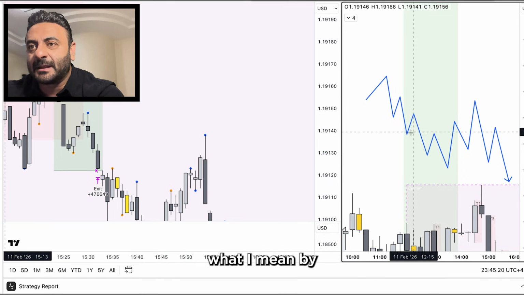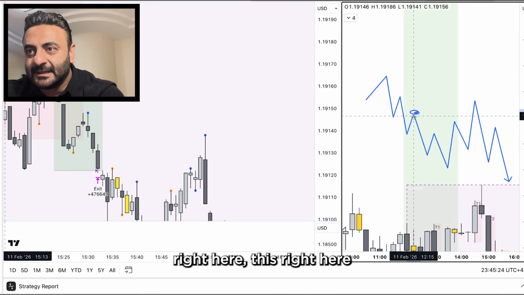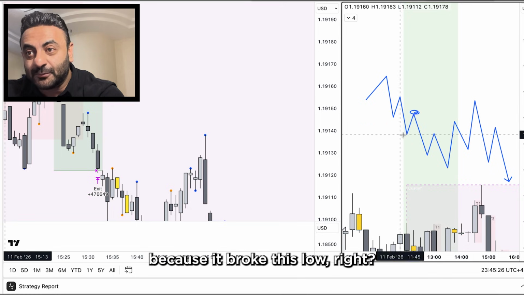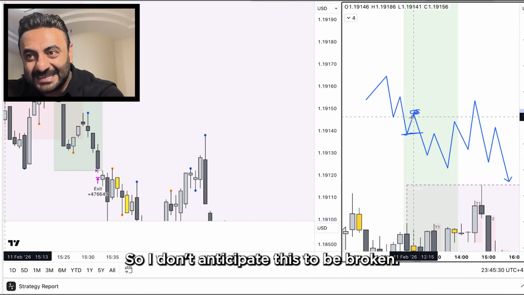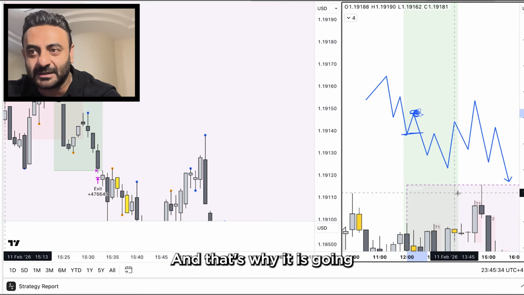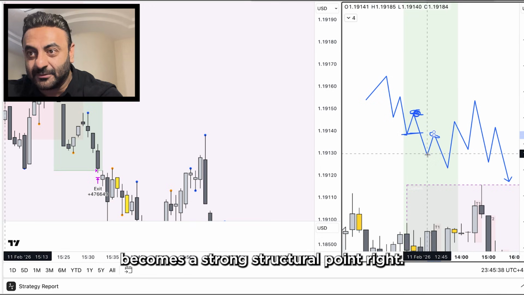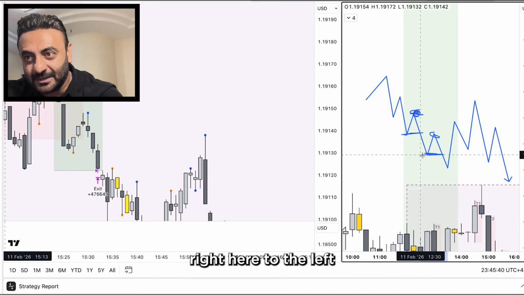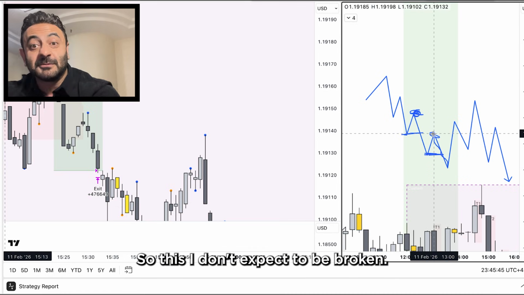For example, this point right here is a strong high because it broke this low, and it went down. So I don't anticipate this to be broken. This is a downward trend and that's where it is going. This again becomes a strong structural point because it broke this structure to the left and went through it, so this I don't expect to be broken.